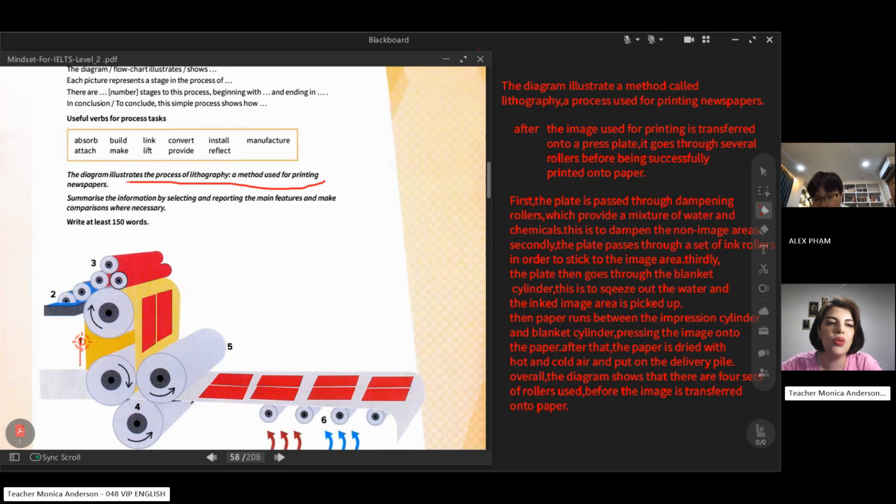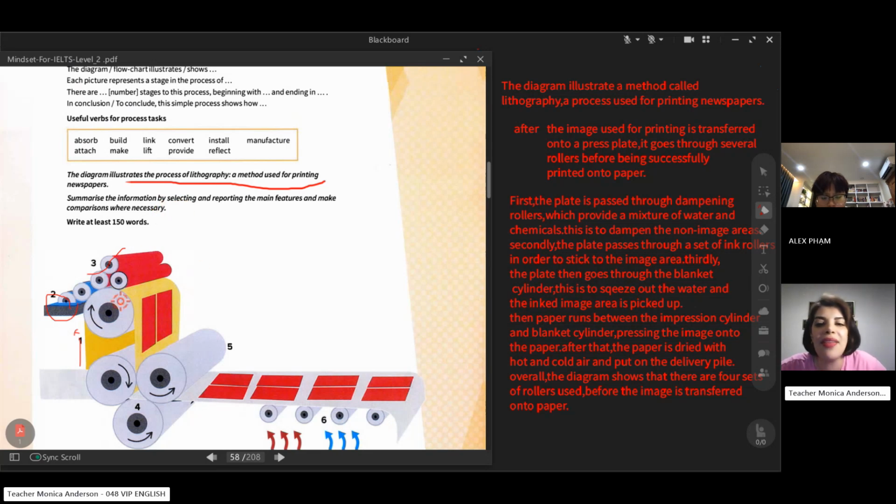Okay, so this one, and then rollers provide the mixture of water and chemicals, and this is to dampen the non-image. Actually, there is no image here. Okay, secondly, the plate passes through a set of ink rollers, as you can see here, in order to stick to the image area.